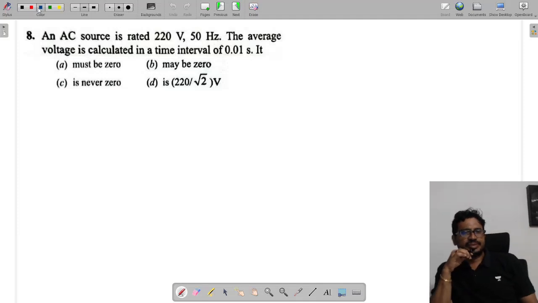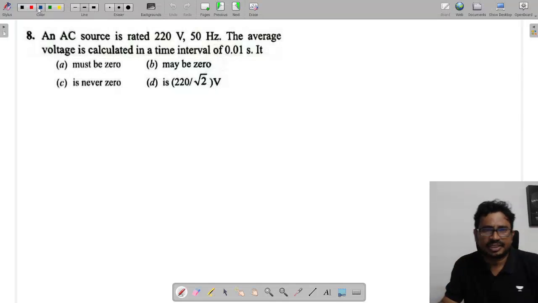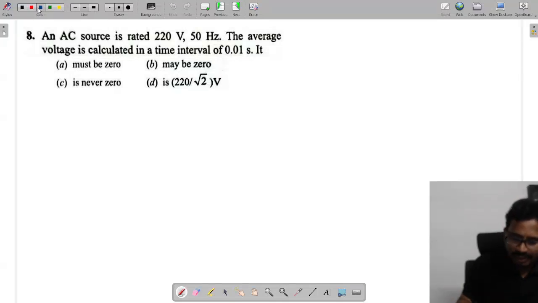An AC source is rated as 220 volts, 50 Hz. The average voltage calculated in a time interval of 0.01 seconds is. First of all, the frequency is given as 50.